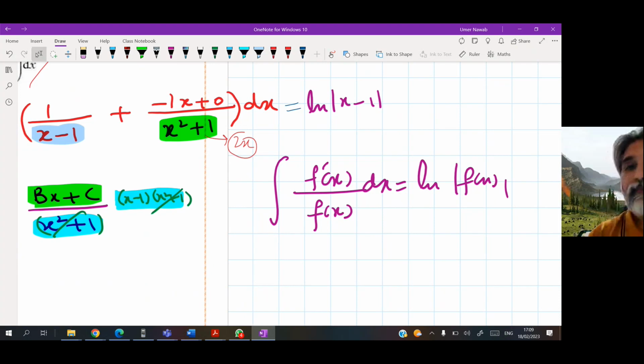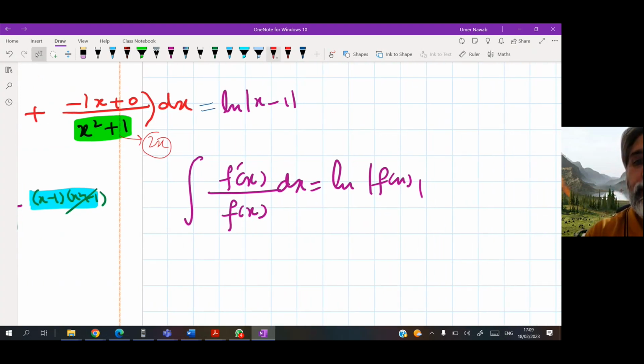So what I will do, I will write here plus 1 over 2, and I write the -1 outside, and multiply the 2 inside, 2x over x squared plus 1, to make sure that the derivative is on the top.